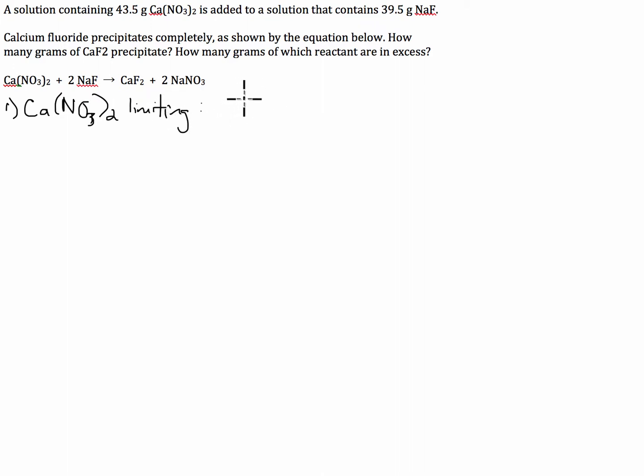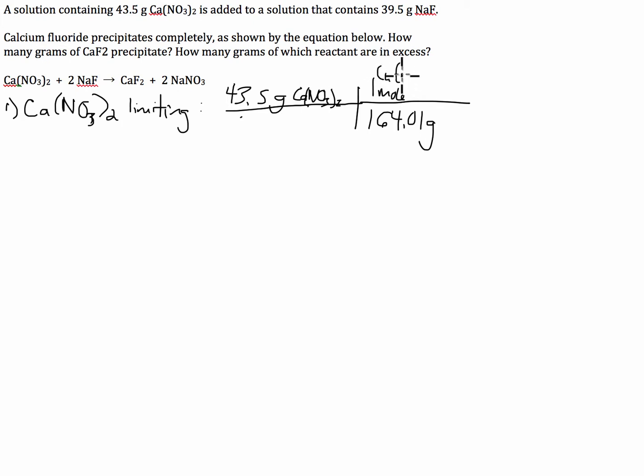We say we have 43.5 grams of the stuff, and I've worked out that there's 164.01 grams in 1 mole of calcium nitrate.